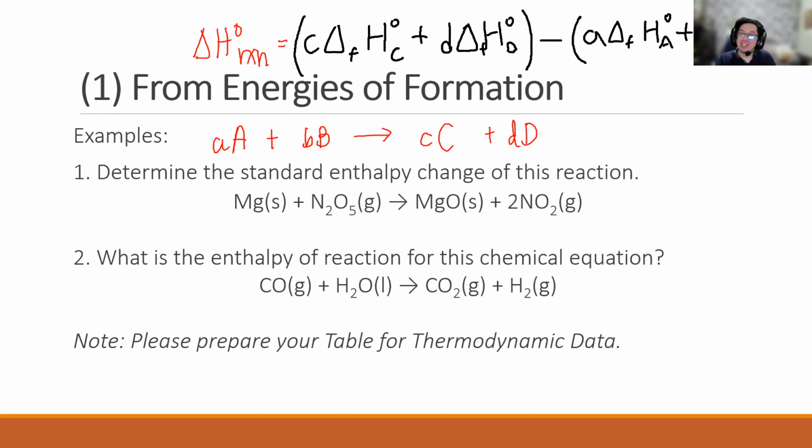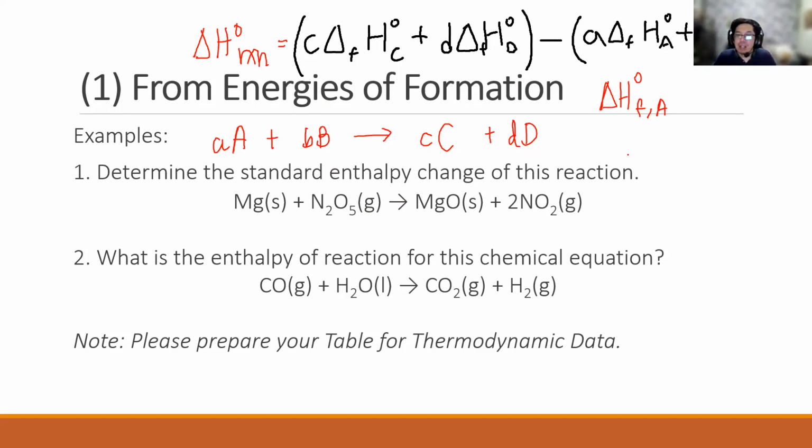Your F is lost already. Sometimes you can write it this way, Josh: delta H naught formation of A. So we know that when you write A, it refers to your A. Okay, anyway, basically, Josh, what is that? That is the delta H reaction formula.